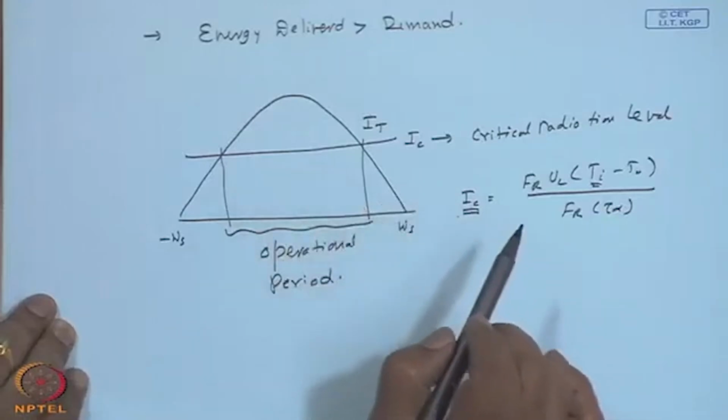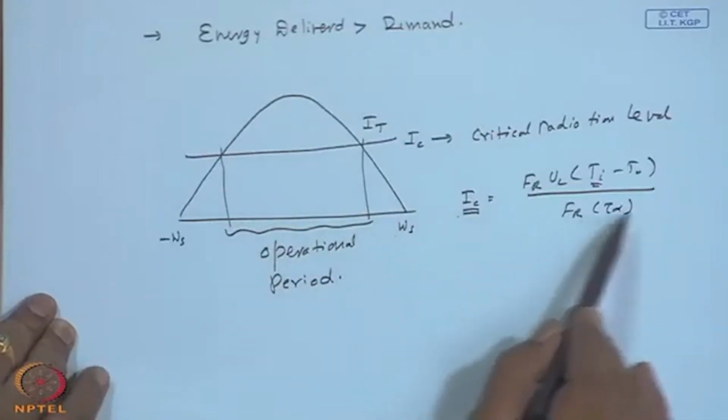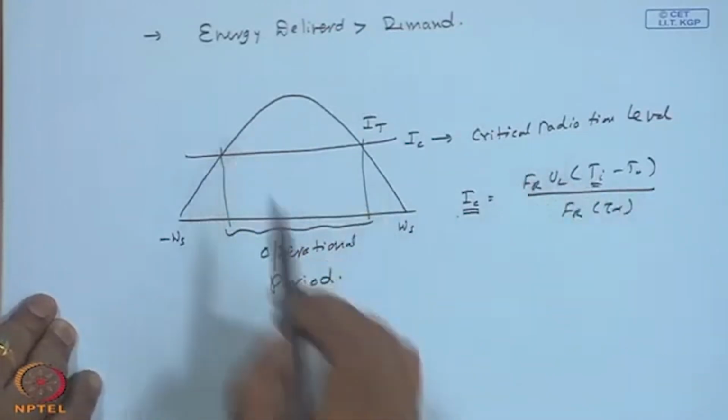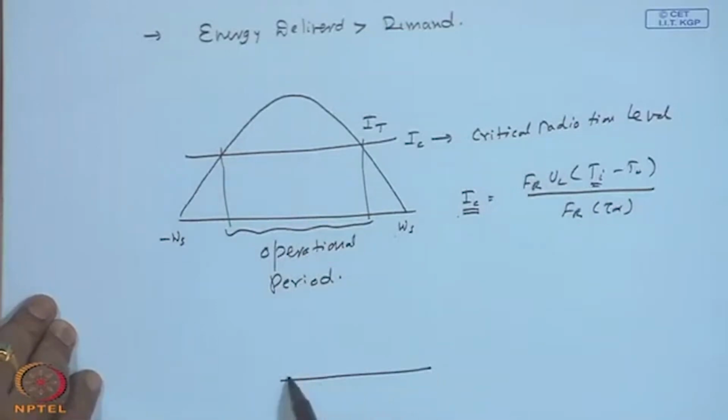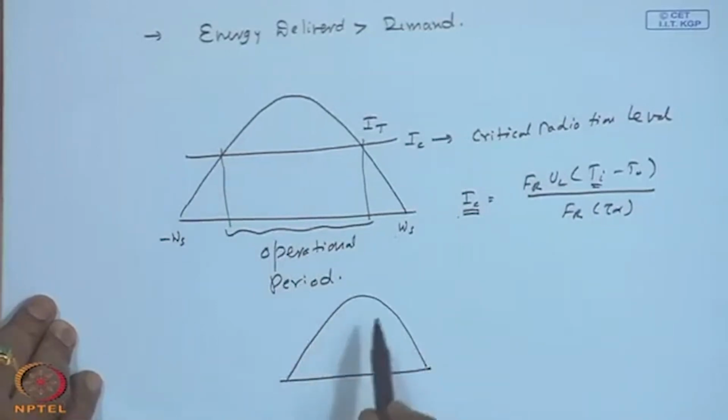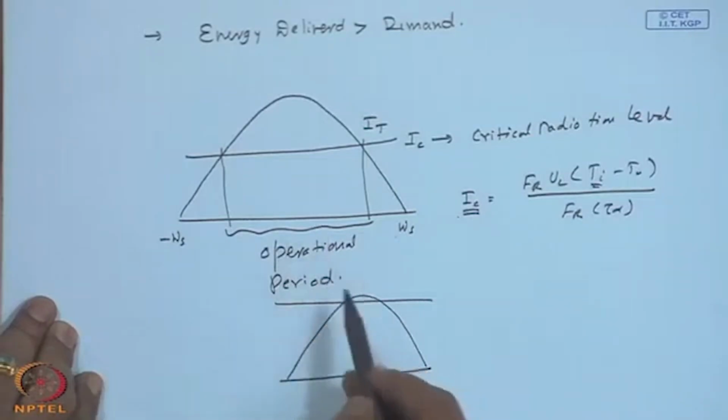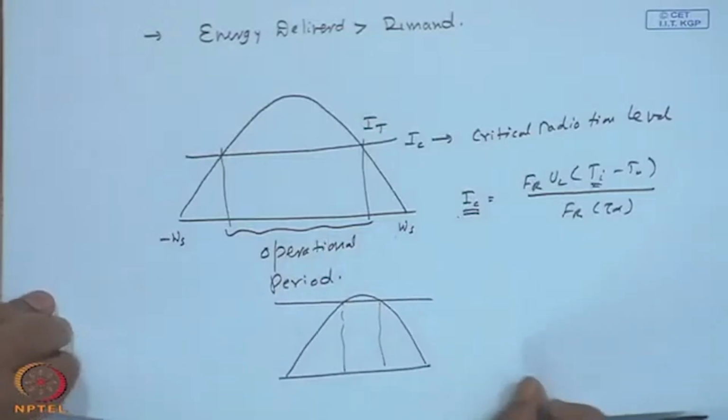When I say that solar radiation changes, though this equation does not contain that, if this curve is like this and my critical level is here, it is a lower radiation, then my operational period is much smaller. Sometimes there may be none.